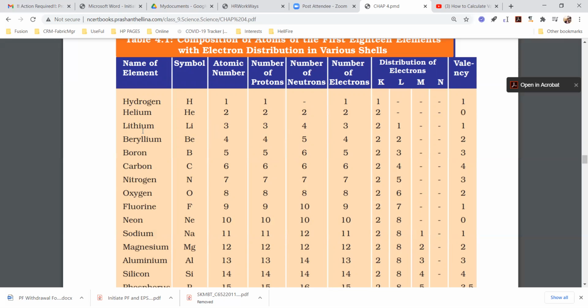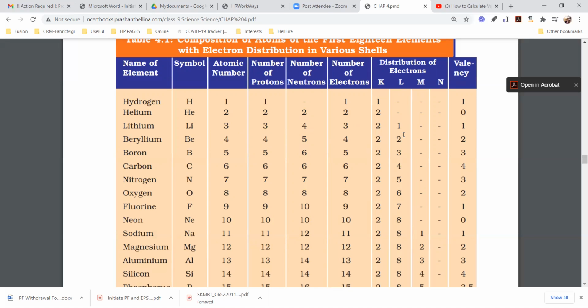Observe the third element. Third element is lithium. Atomic number is 3. If you distribute, K shell 2, L shell 1. But we know the maximum capacity of L is 8 electrons. So 8 minus 1, 7.